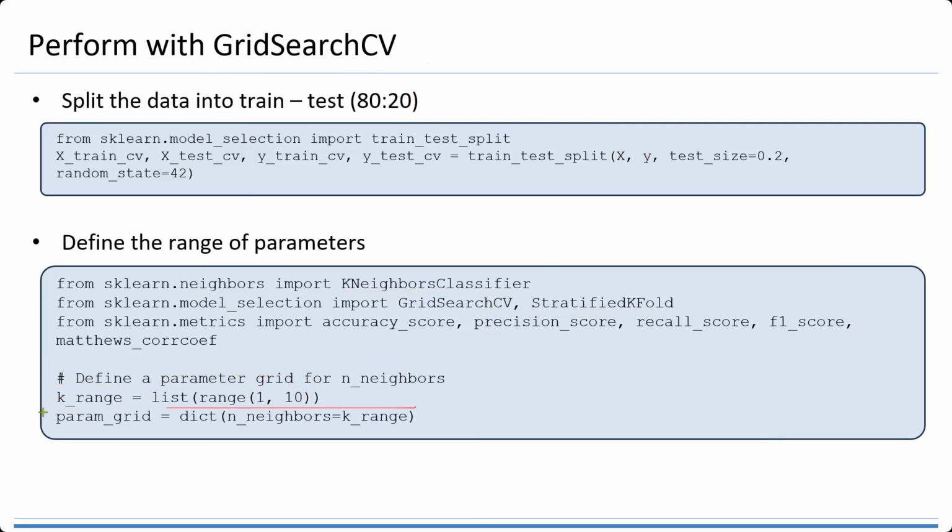So later the parameter n neighbors will run from 1 until 9, and I'm going to check which n is the best.